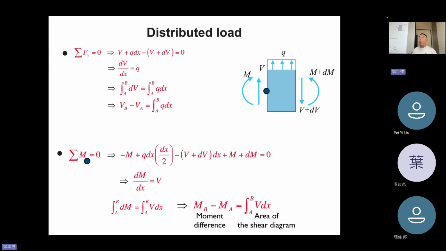What if we apply a distributed load on the material and how it will affect the internal force, shear force, and internal moment? You can see that at the left-hand side, there's no distributed load. So this is the original, the left-hand side that happened before, in the past. And when you encounter an external load, which is a distributed load, what will it affect to the right-hand side? So this is what we are going to see.